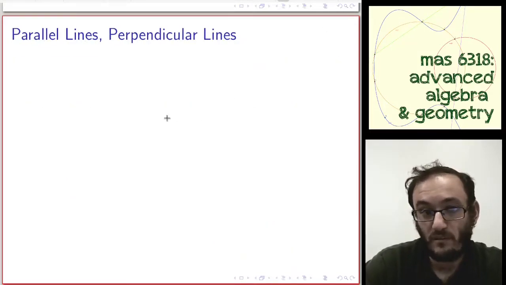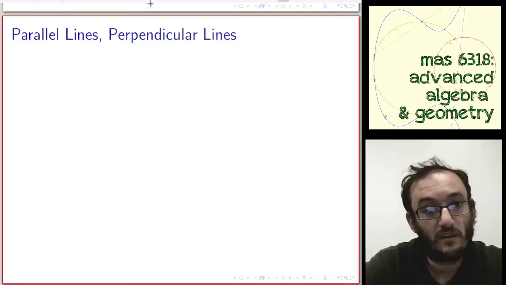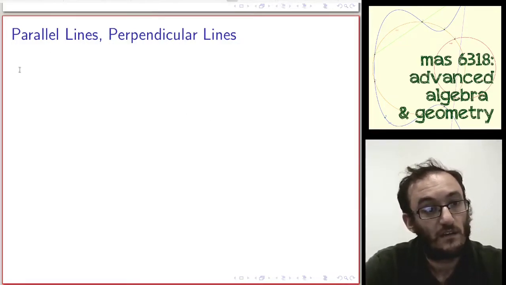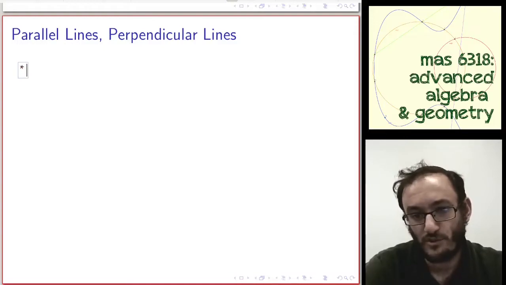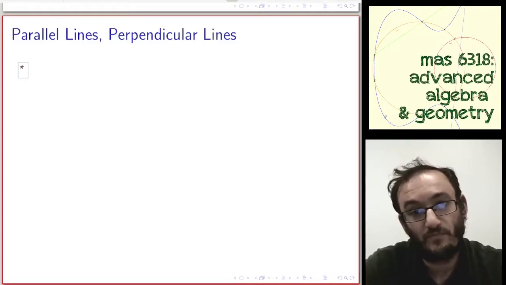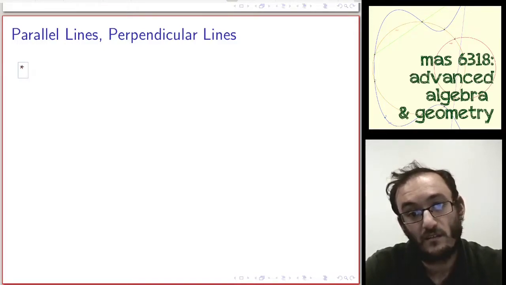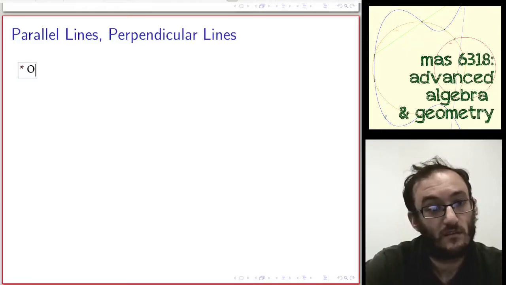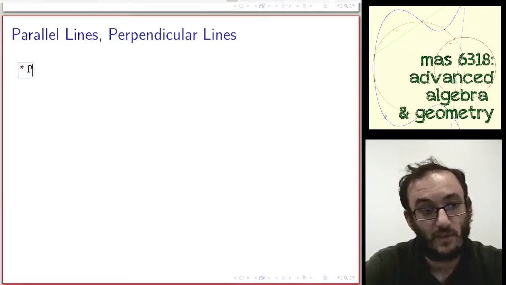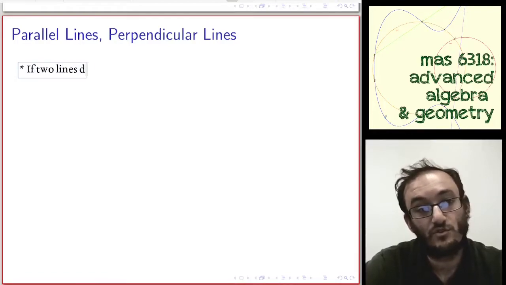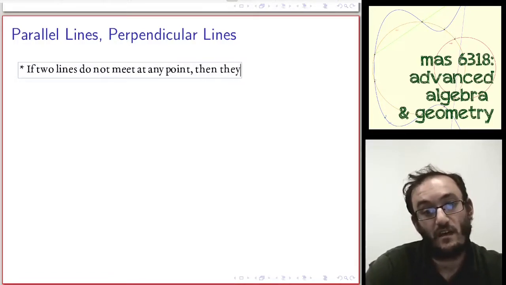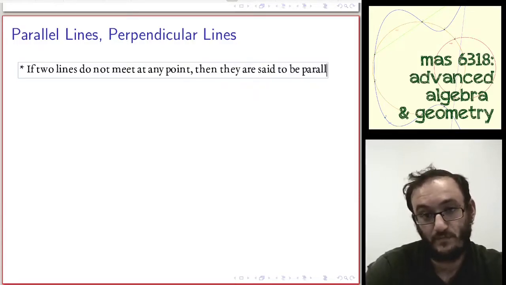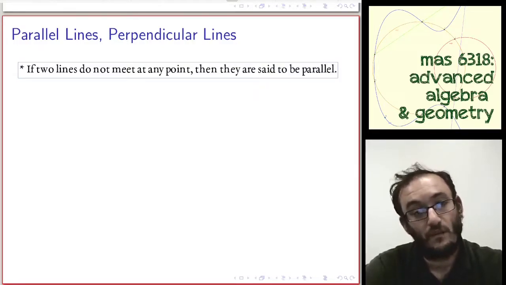Now we talk about parallel lines and perpendicular lines. So parallel lines are one of the more controversial aspects of Euclidean geometry. If two lines do not meet at any point, then they are said to be parallel.